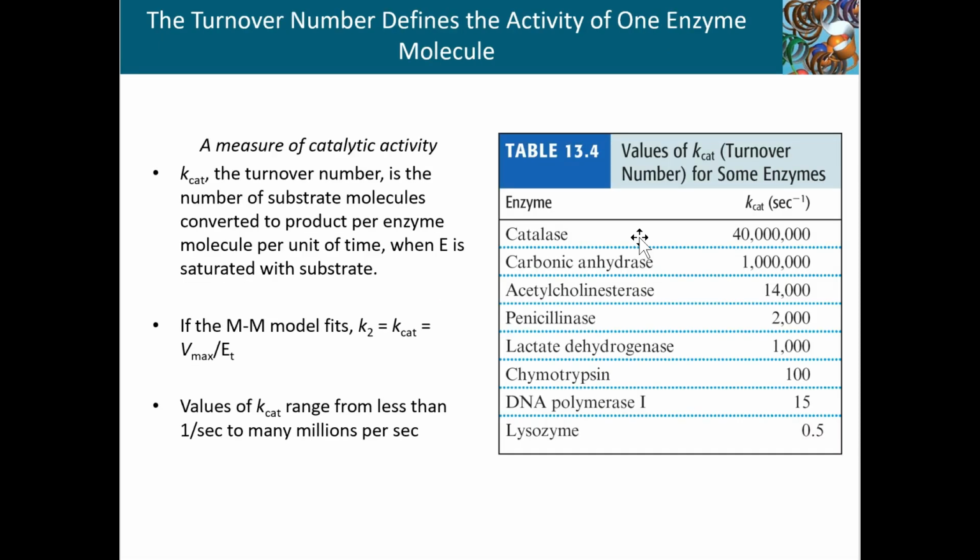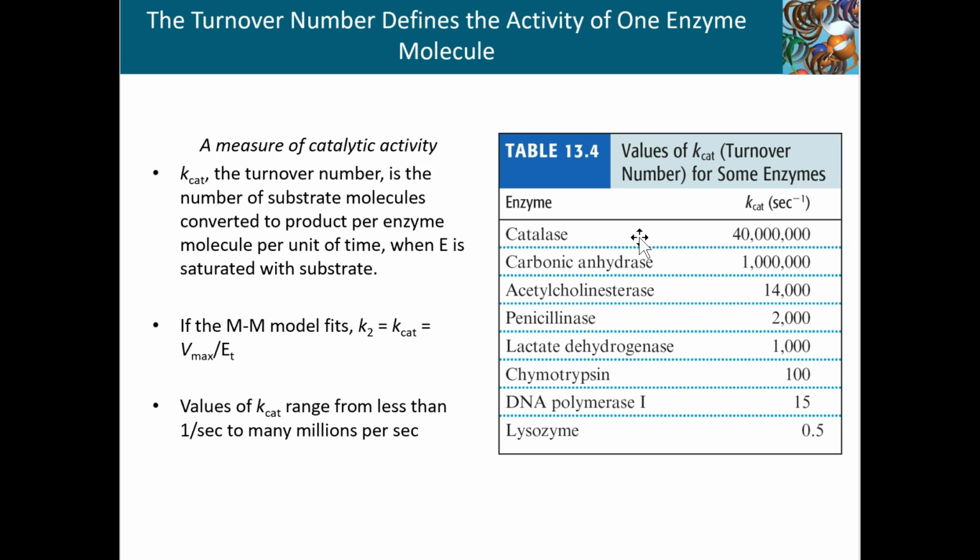A couple other terms that are used all the time. Turnover number defines the activity of a single enzyme molecule. So how fast can a single enzyme convert substrate into product? Well, the winner here is catalase. Catalase is the fastest known enzyme. It's very good at catalysis, hence its name, and it is our primary defense against peroxide.